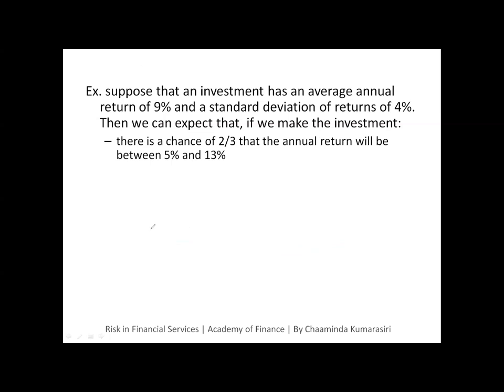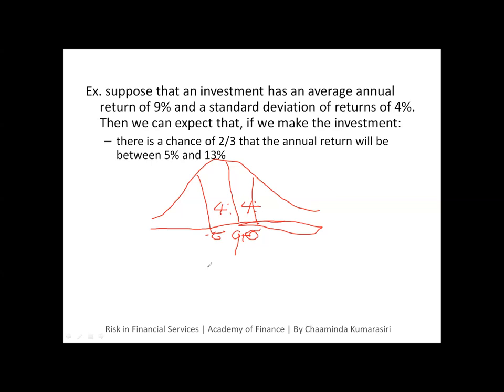Right. Normal distribution, then you have something like this. The midpoint is 9. Then left and right, one standard deviation, minus and plus 4% each. 9 minus 4% is 5, and 9 plus 4% is 13.